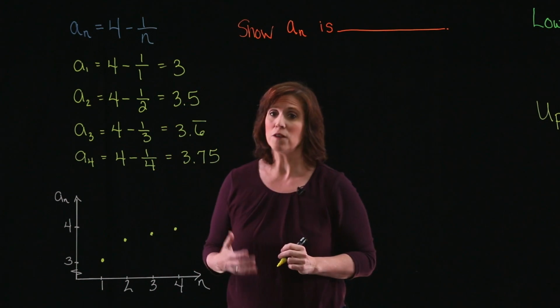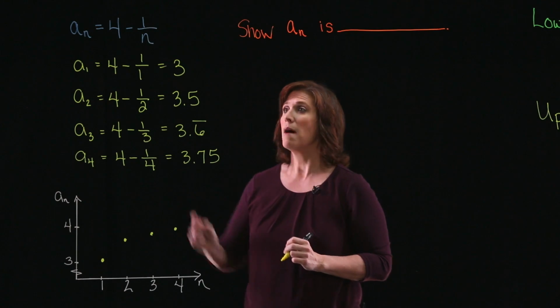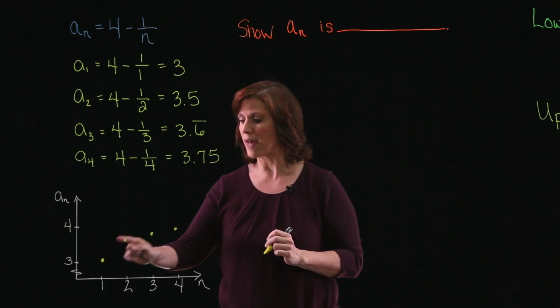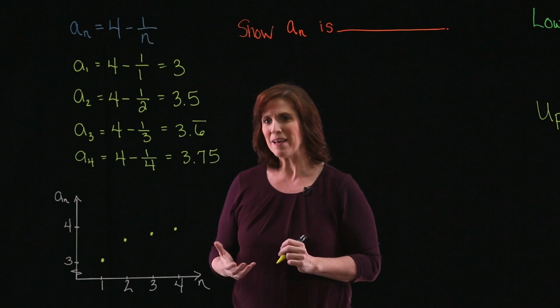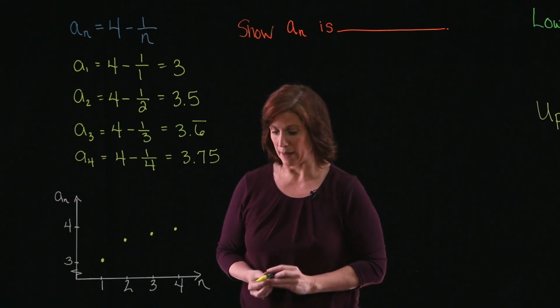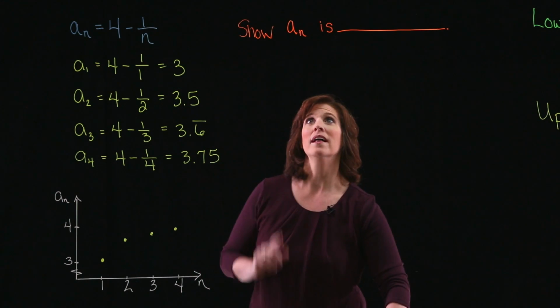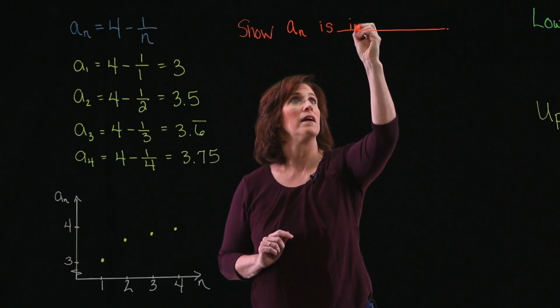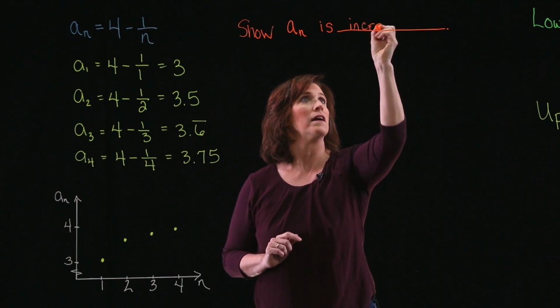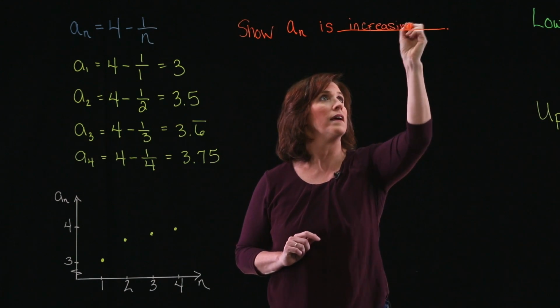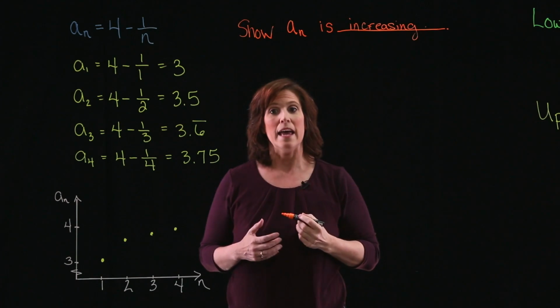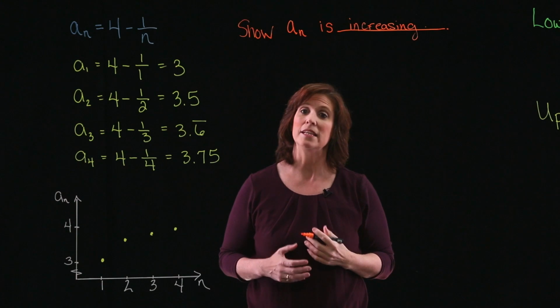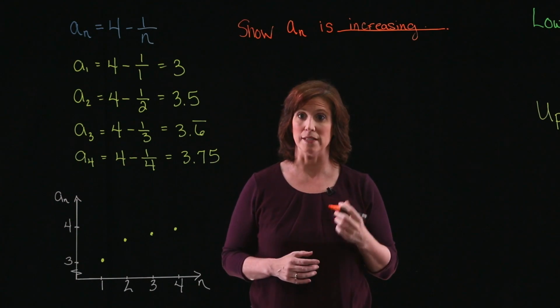Okay, now these are only the first four terms in my sequence, but whether I look at it numerically or on the graph, I'm getting the feeling that this sequence is increasing. So I want to show that a sub n is increasing. Remember, if a sequence is monotonic, that means it's either strictly increasing or strictly decreasing.